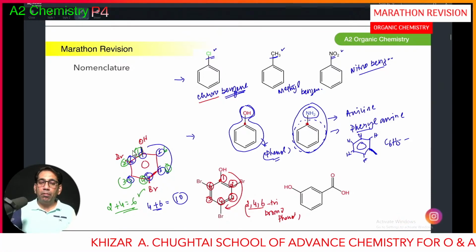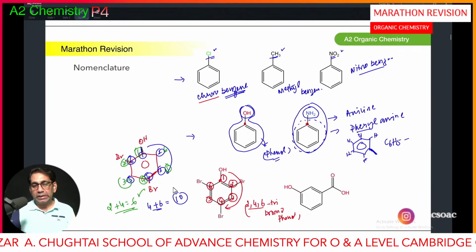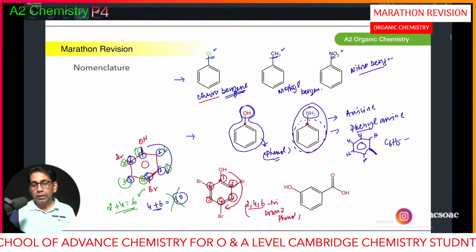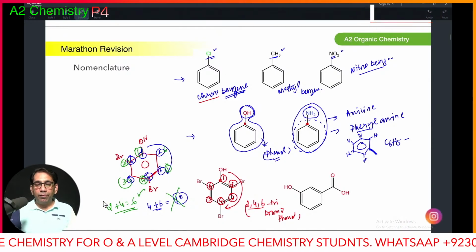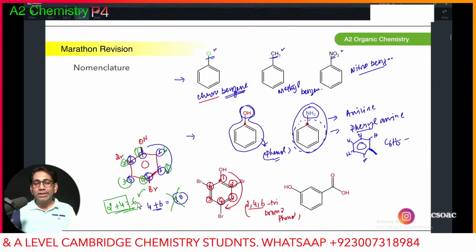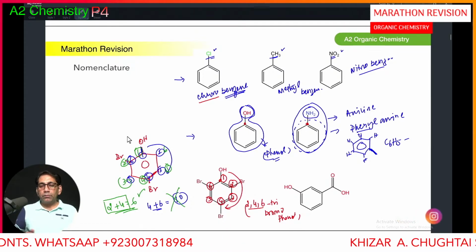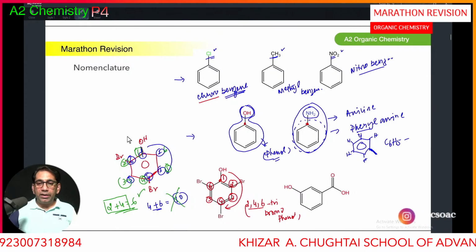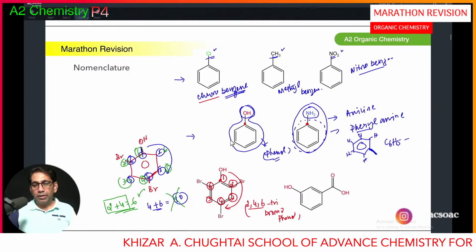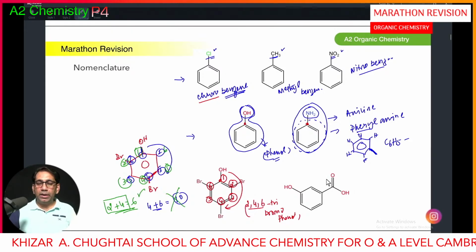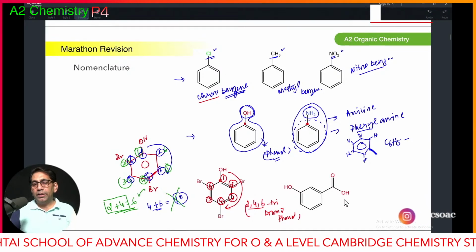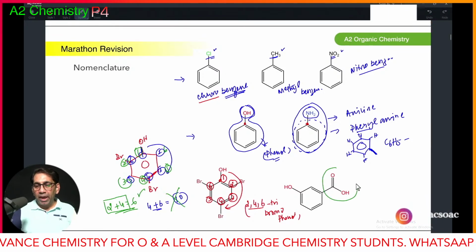I mean, you will mark numbering anti-clockwise. Now this is the wrong numbering. So then we will write 2,4-dibromophenol. Now in this last example, this one is called the major functional group.